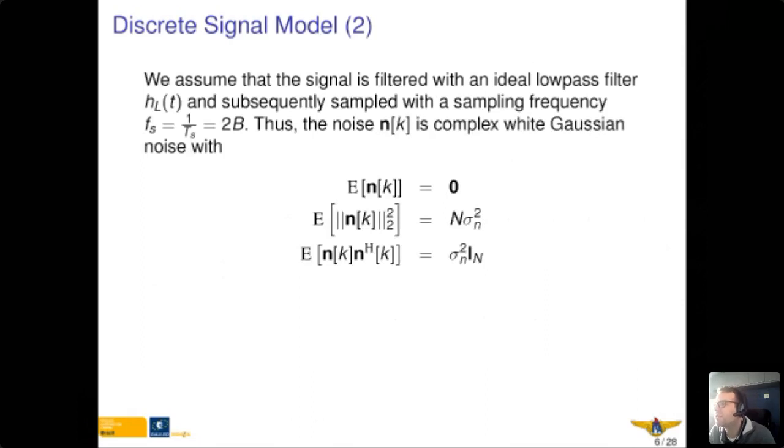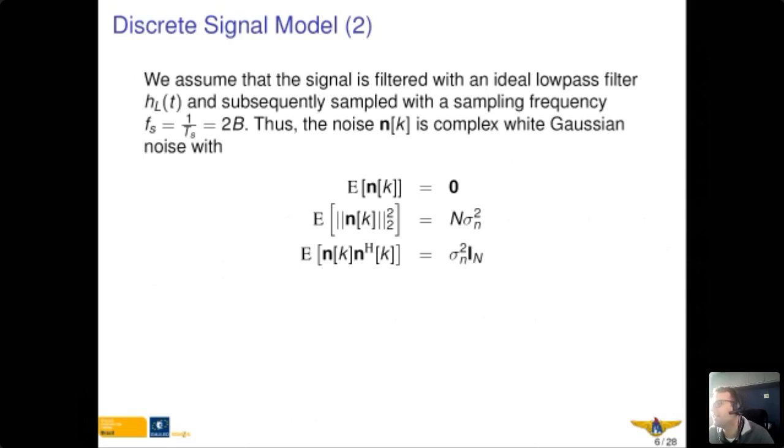And thus the noise is complex white Gaussian noise after the sampling stage, even if we choose an ideal low-pass filter. So HL is an ideal low-pass filter with a bandwidth of B, and then we choose the sampling rate exactly to be 2B, and then we can show that the noise samples after sampling are still white.